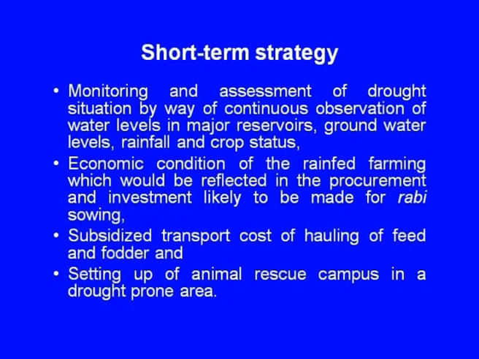Well, this entails monitoring and assessment of drought situation by way of continuous observation of water levels in major reservoirs, groundwater level, rainfall and crop status, economic condition of the rain fed farming, which will be reflected in the procurement and investment likely to be made during the crop growing seasons.